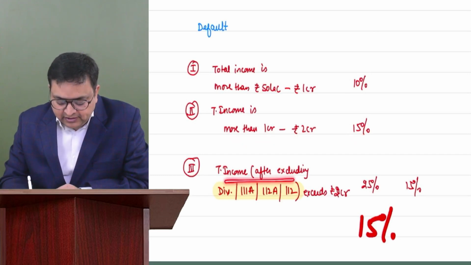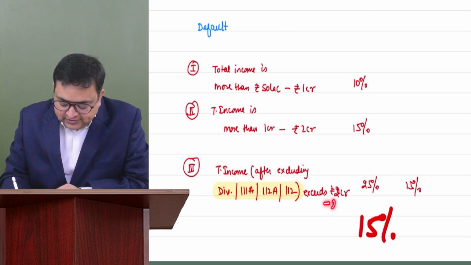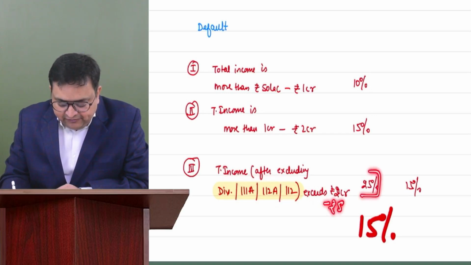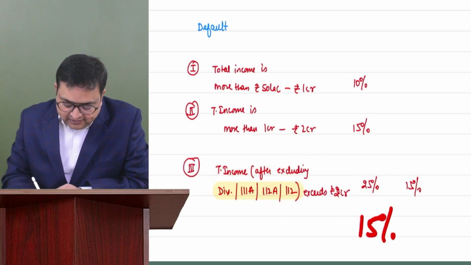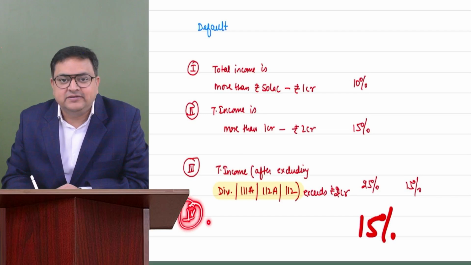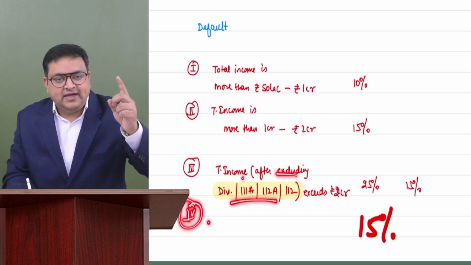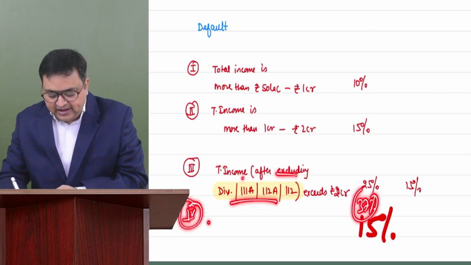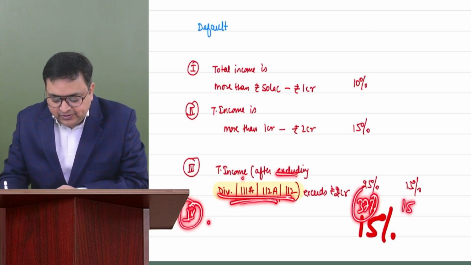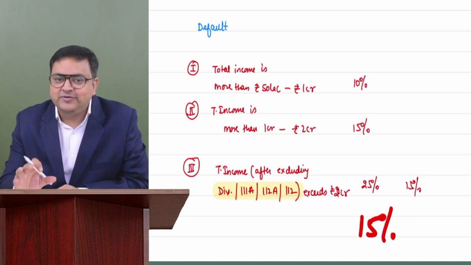Third level, total income excluding this exceeds 2 crores but is up to 5 crores, then 25% on that income, but on these types of taxes, 15%. And there is one more level, the fourth level, in the optional regime. If the total income after excluding them exceeds 5 crores, then 37% on that income, and on these incomes, 15% only. Right? So I believe you are able to recall your surcharge provisions also.